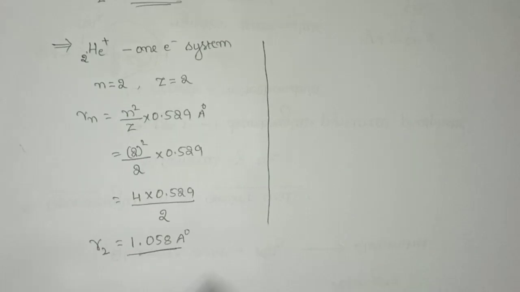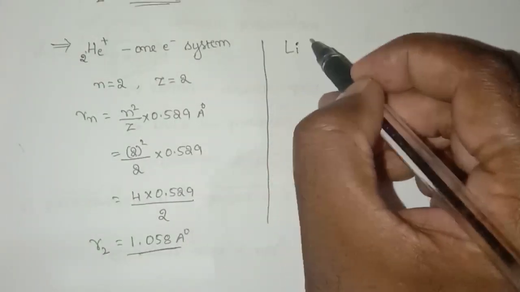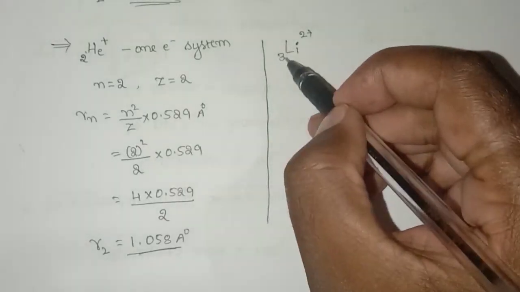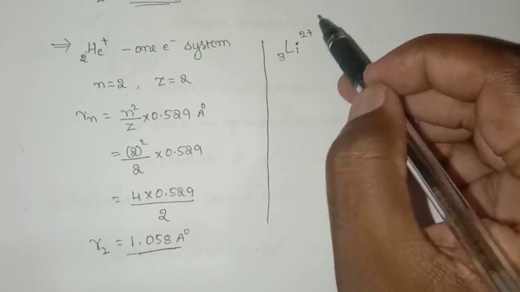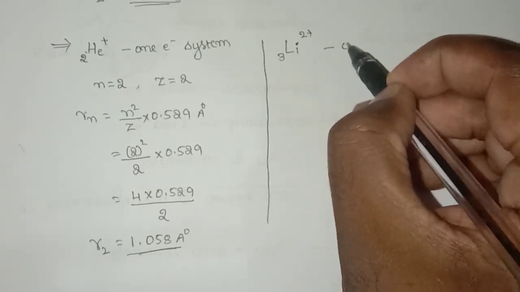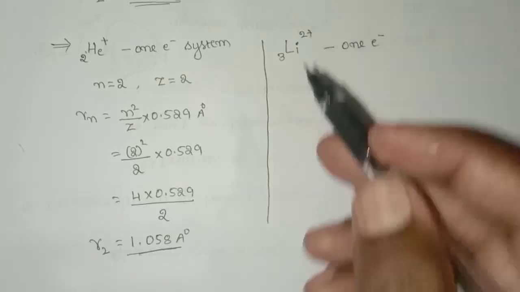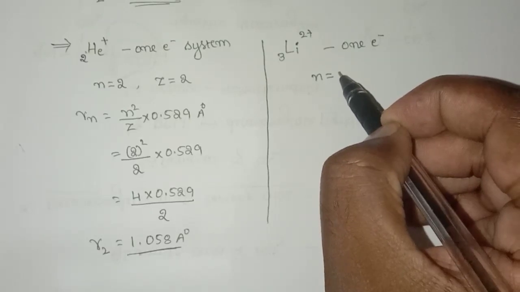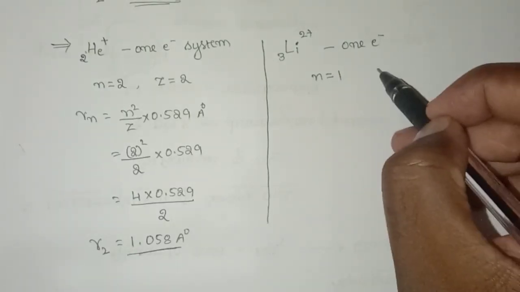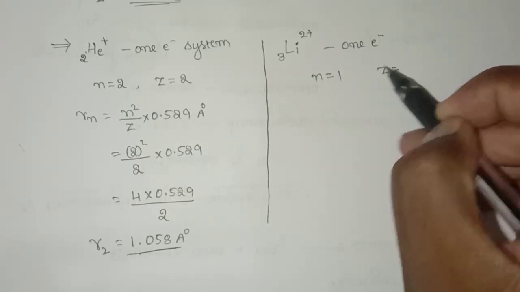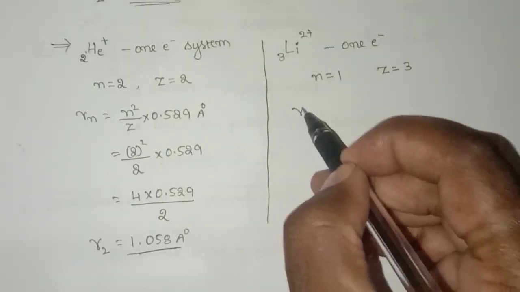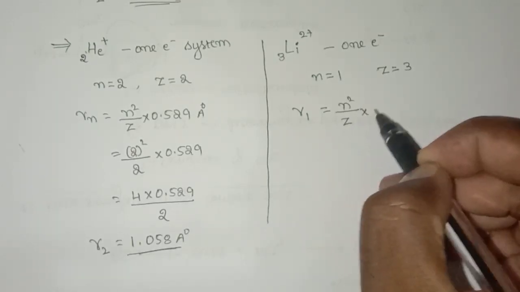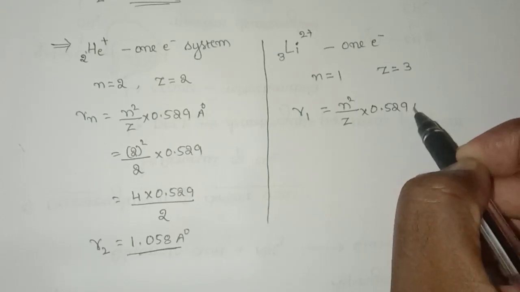We can consider one more hydrogen-like species such as Li2+. Lithium has an atomic number of 3, consisting of 3 electrons and 3 protons. But if you release 2 electrons, once again it will remain with 1 electron, so it will come under hydrogen-like species. Let us calculate the value of the first Bohr orbit, that is n equal to 1, where the value of Z for lithium is 3. So let us calculate R1 by using the expression n square by Z into 0.529 angstrom unit.